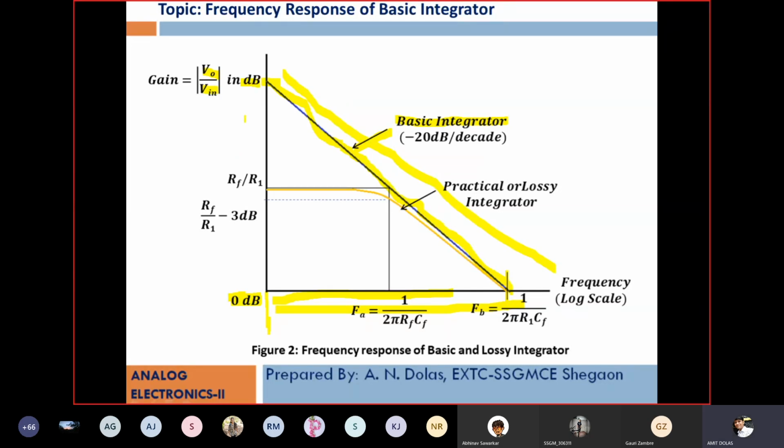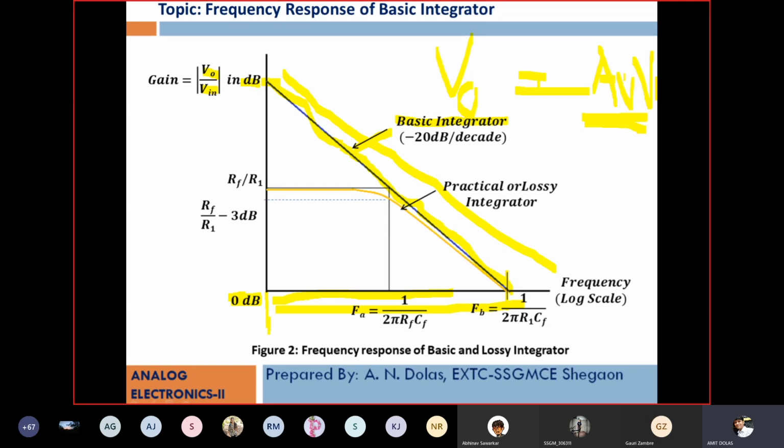Now, what is the problem if gain is more? If gain is very high, near infinity, then what happens? Output is nothing but gain times input Vi, right? So if gain is very, very high in this formula, then a small change in input will generate infinite output. It will not be infinity practically, but it will saturate the operational amplifier.